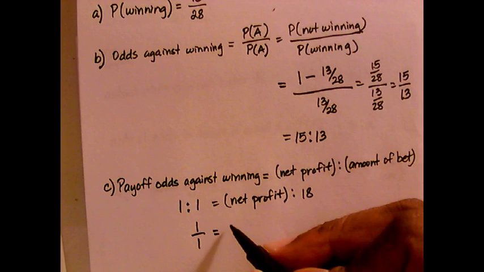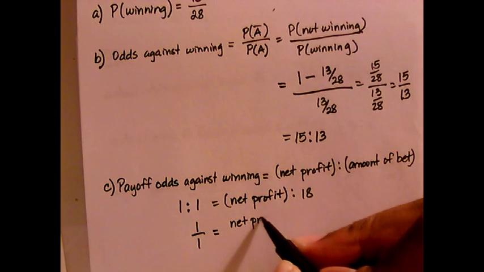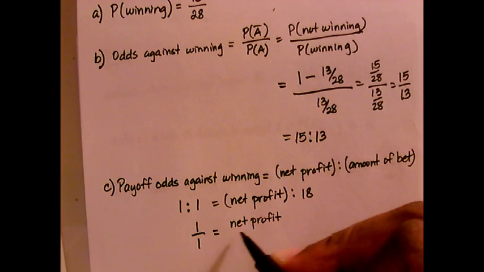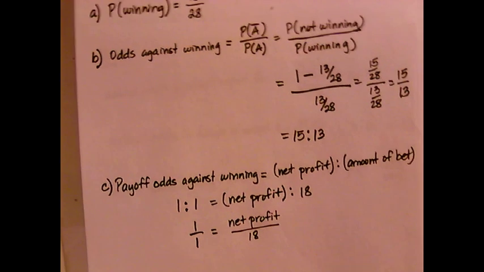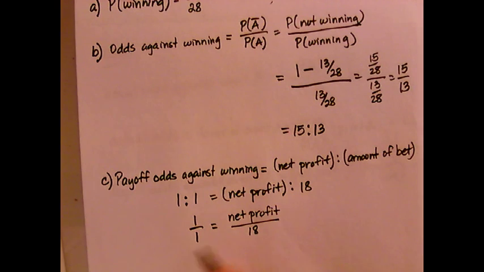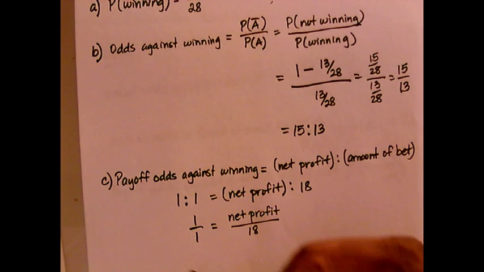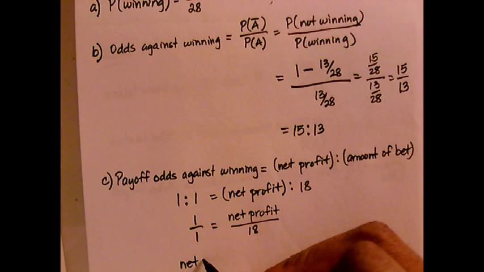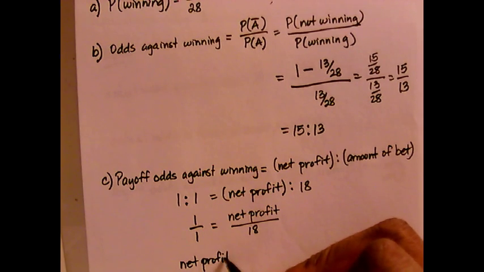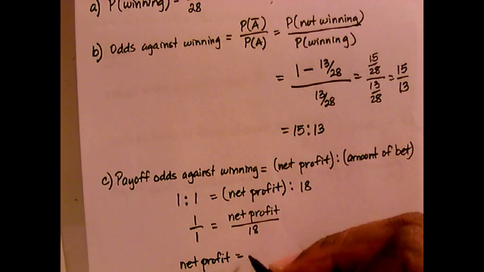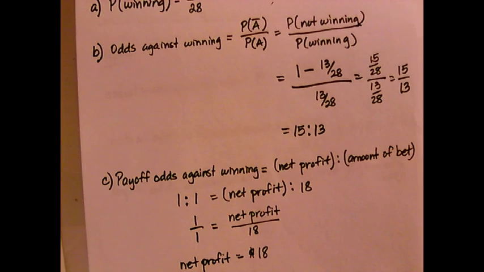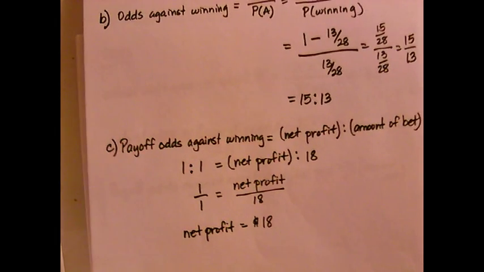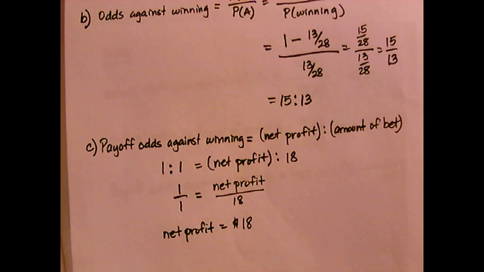And then net profit to 18 would just be the net profit in the numerator, and 18 in the denominator. Now if you do cross multiplication here, 1 times the net profit would be the net profit. And that's equal to 1 times 18, which would be $18. So here the net profit would be $18 if you were to just bet $18 here. And the payoff odds were 1 to 1.